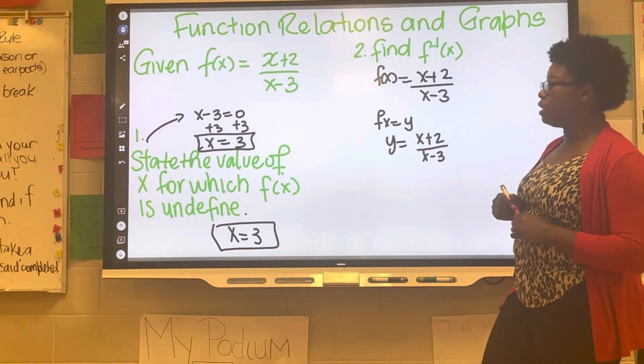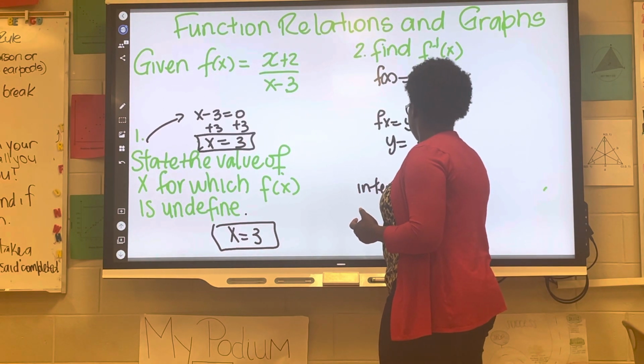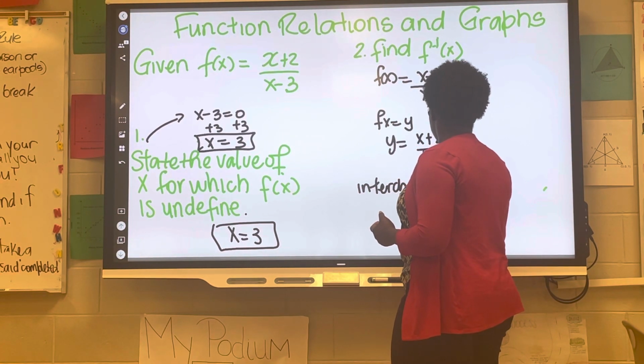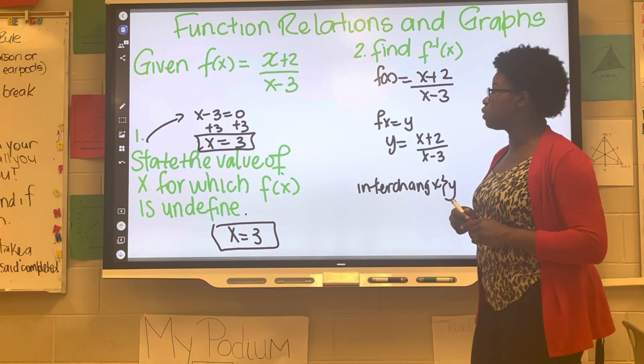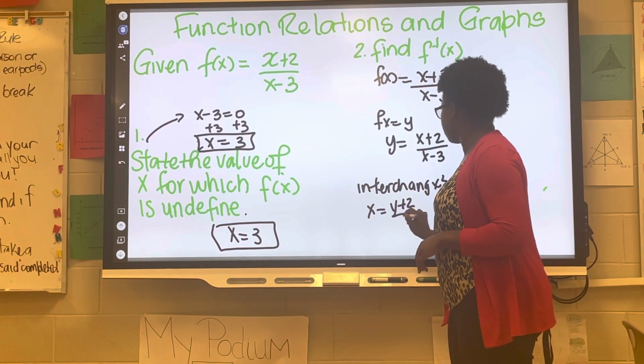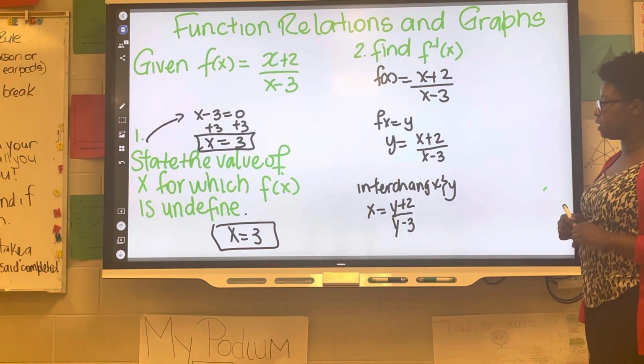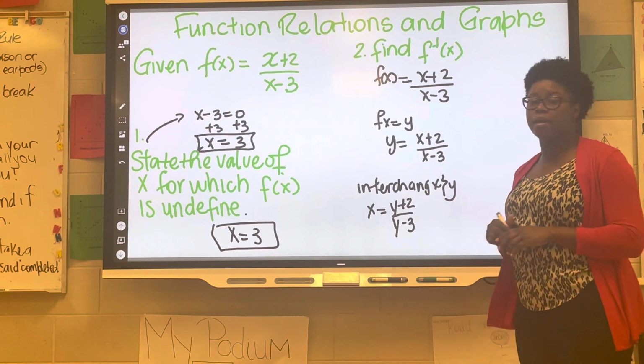Once we have this, we now go ahead and interchange x and y. So where we see x, we put y, and where we see y, we put x. So x becomes y, y becomes x.